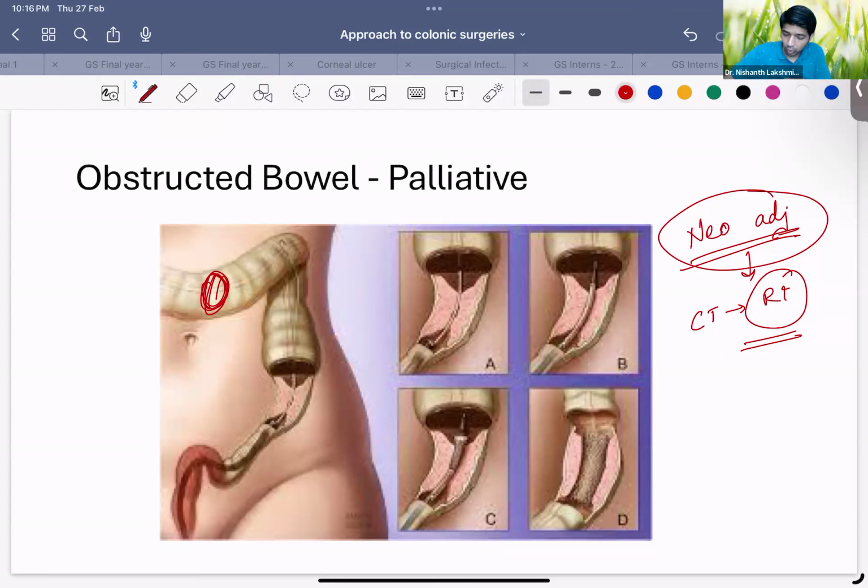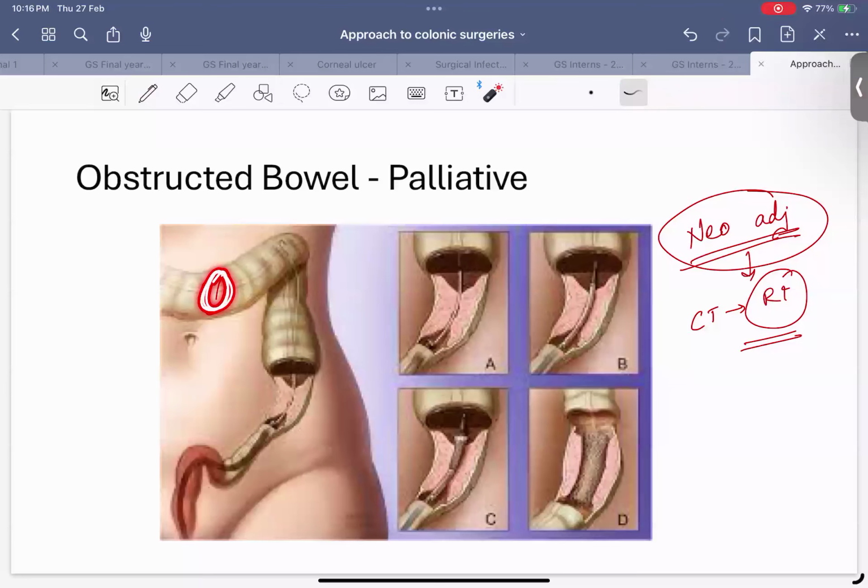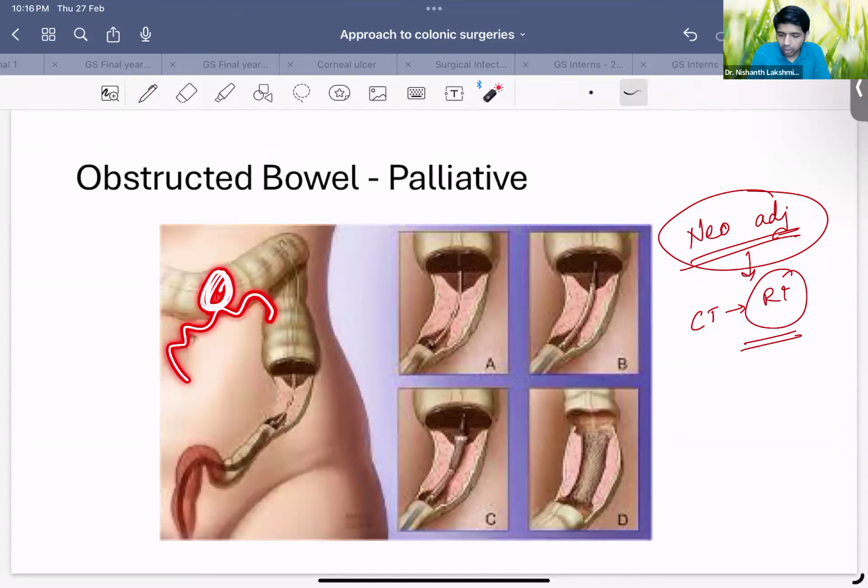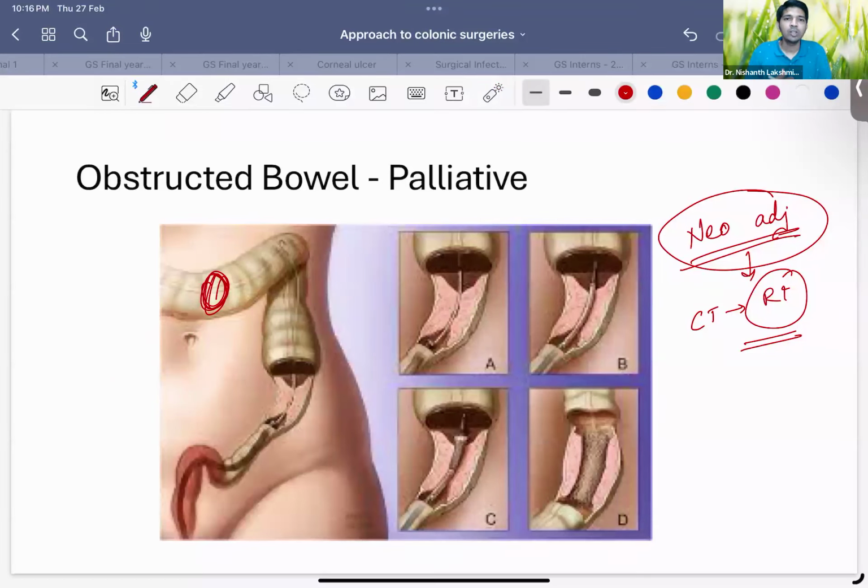Whereas, let us say colon, here, transverse colon, lot of small bowel in and around this area. So whenever you give radiotherapy here, you can also cause damage to the small bowel, and that can cause radiation enteritis. So for colonic cancers, no role of radiotherapy, whereas for rectal cancers, predominantly it is radiotherapy.